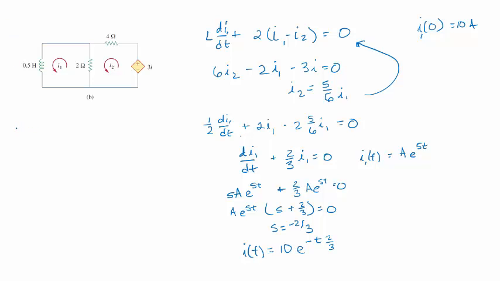V across the inductor. V equals L di/dt. So substituting that in, 0.5 henries. Di/dt would be minus 2/3 times 10 e to the minus 2/3 t.